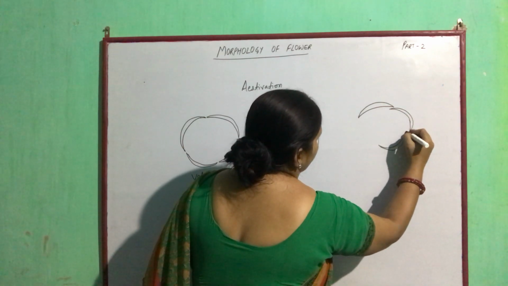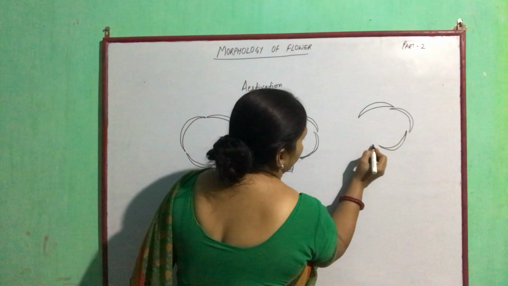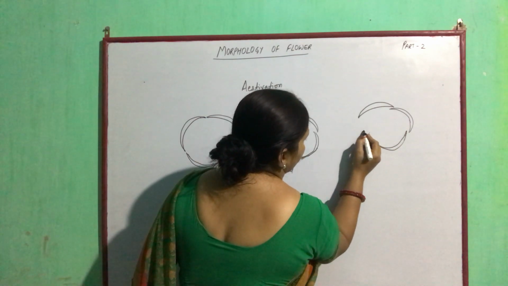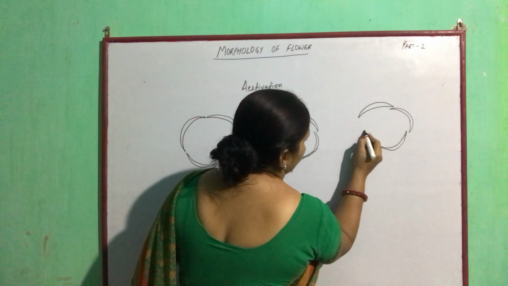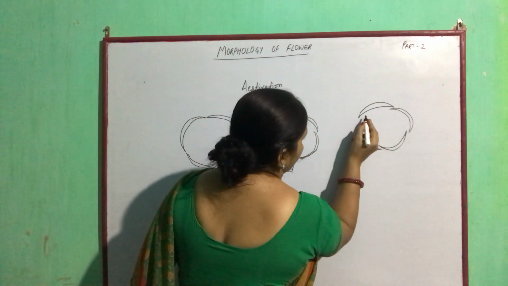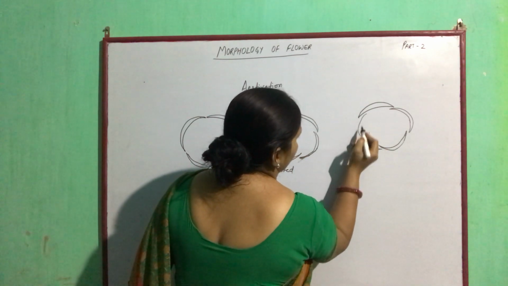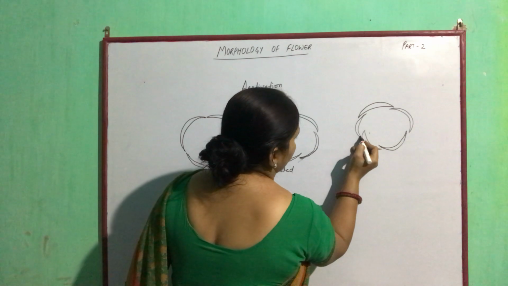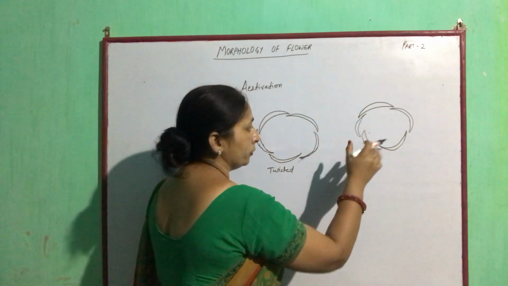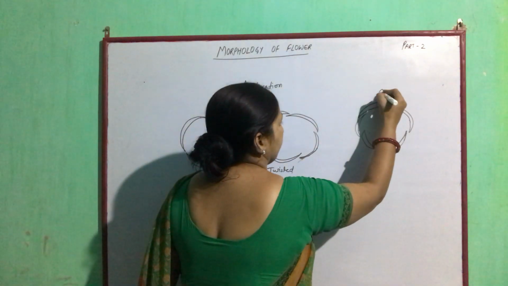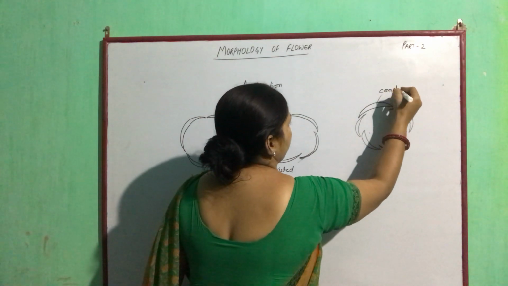So in this type of arrangement, you can see that out of 5, this one is completely outside.